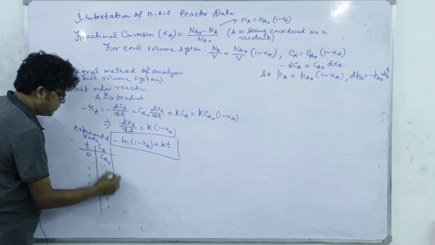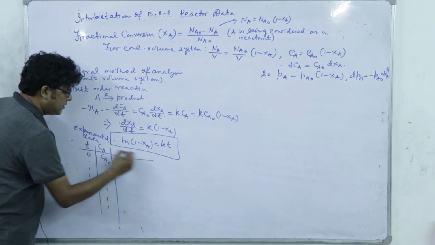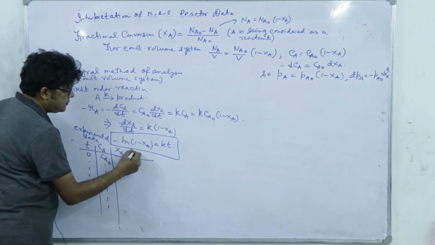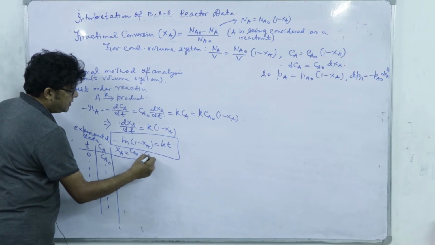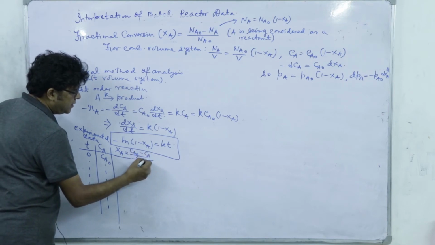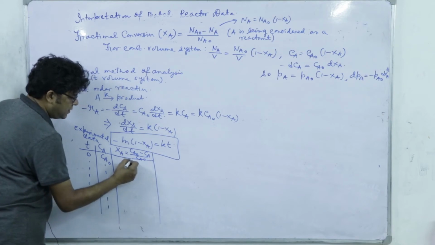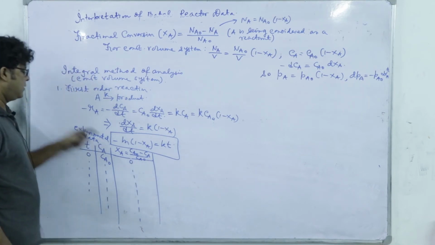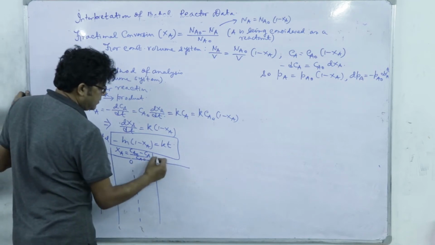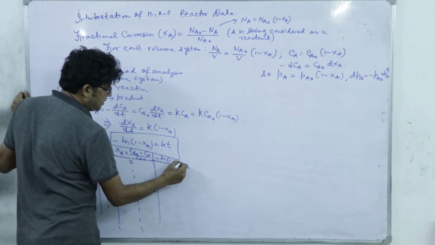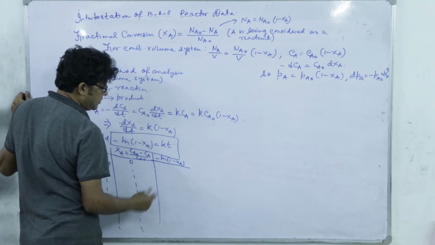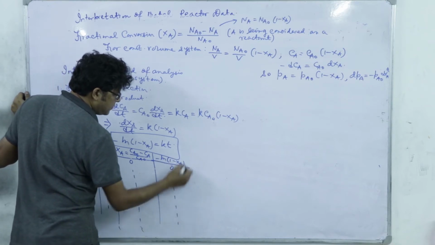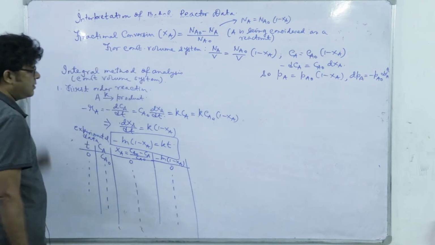As it is a constant volume system, we can calculate Xa as Ca0 minus Ca divided by Ca0. So we can generate this. At t equal to 0, Xa is 0, ln 1 is 0. In this way we can generate that.